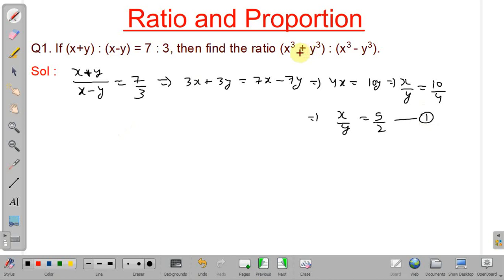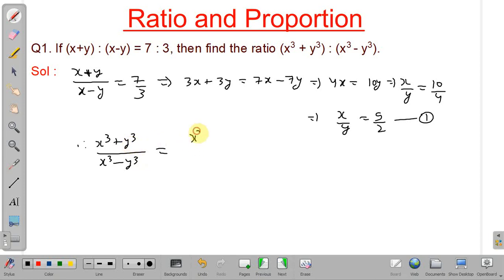Now we have to find x cube plus y cube ratio x cube minus y cube. So how we can find that? Therefore, (x cube plus y cube) divided by (x cube minus y cube). We are writing the ratio in the form of a fraction. If you notice here, if we divide numerator and denominator by y cube, we will get the ratio in the form of x by y.